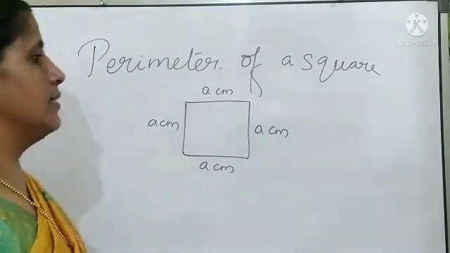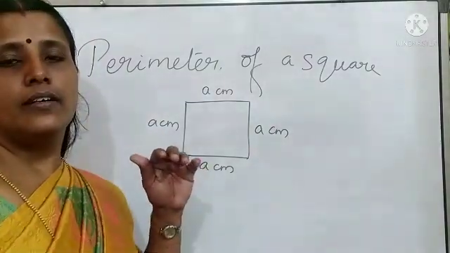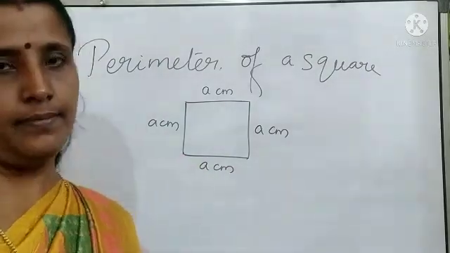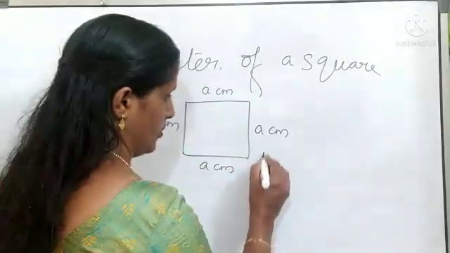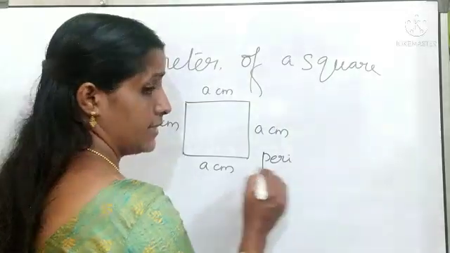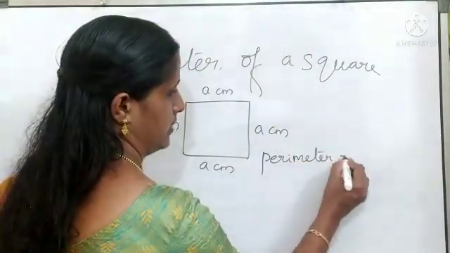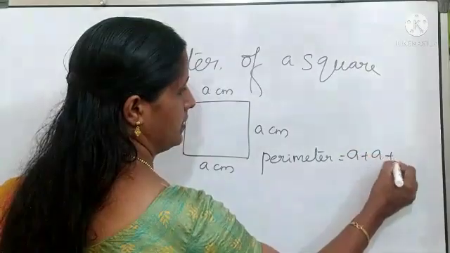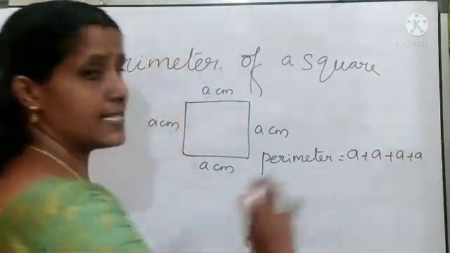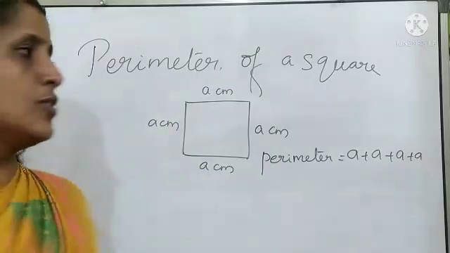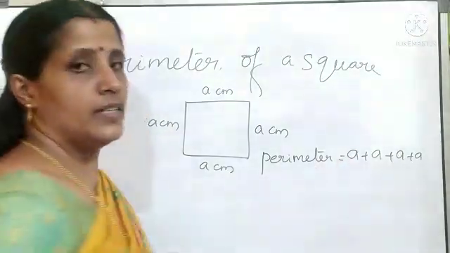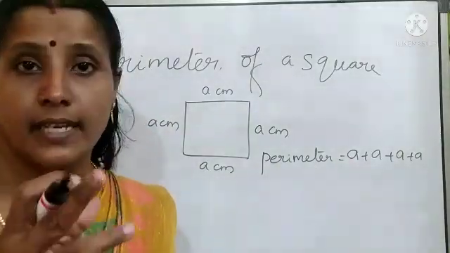Okay, then how can we find out the perimeter? Perimeter is equal to adding the sides of the square. Yes, A plus A plus A plus A. A is repeated 4 times, and repeated addition means multiplication.